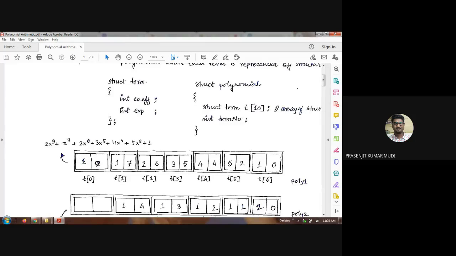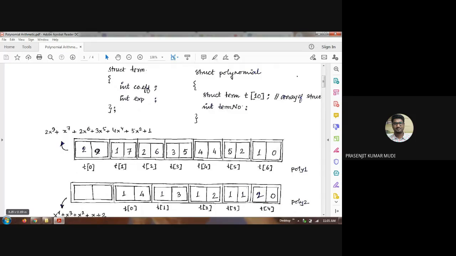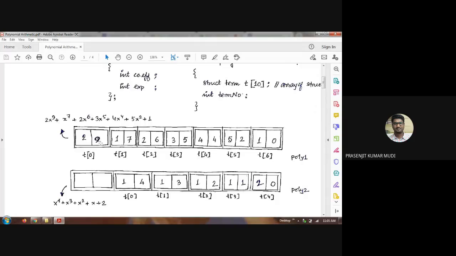A two-dimensional array. These outer borders, how many outer cells are there? 1, 2, 3, 4, 5, 6, 7. Yes, it is 7, because there are 7 terms. To store 7 terms, you require 7 cells.